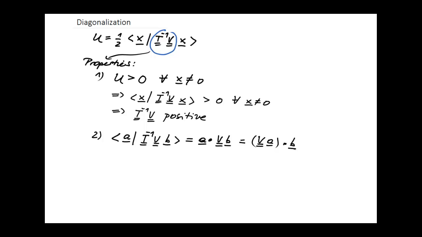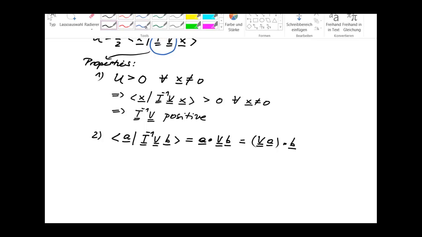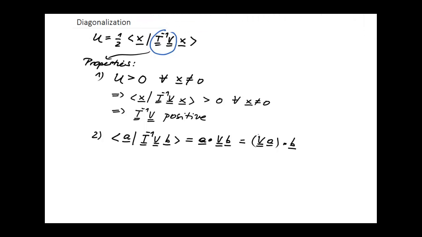We can insert in front of the V a unit matrix of the form T minus 1. The matrix T is also symmetric with respect to the ordinary scalar product.